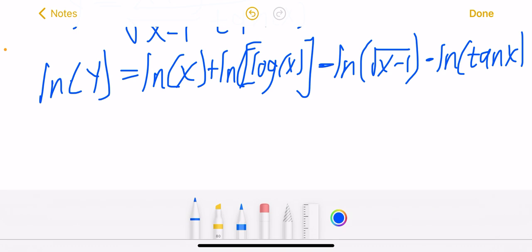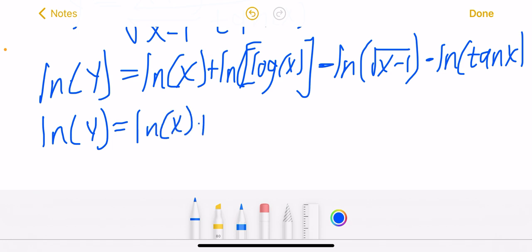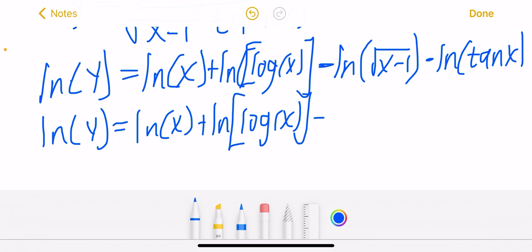Okay, this means we will have ln y is equal to ln x plus ln log of x minus ln square root of x minus 1. So how can we simplify it?